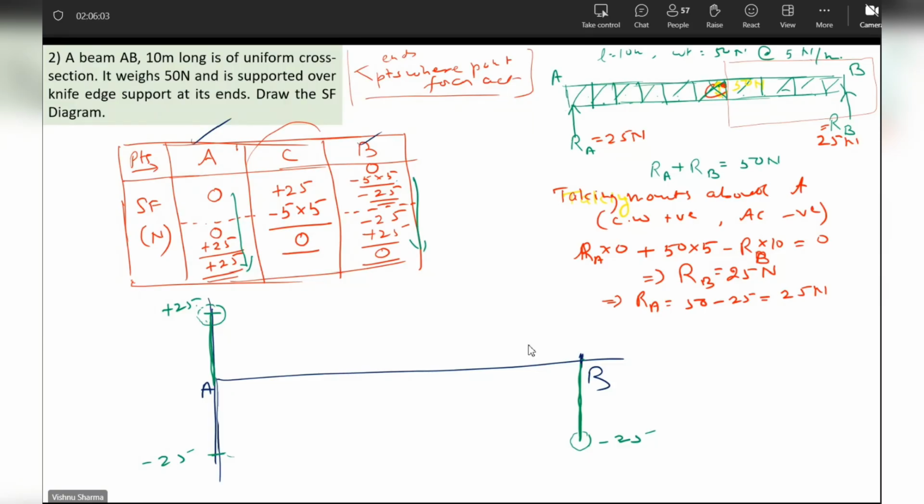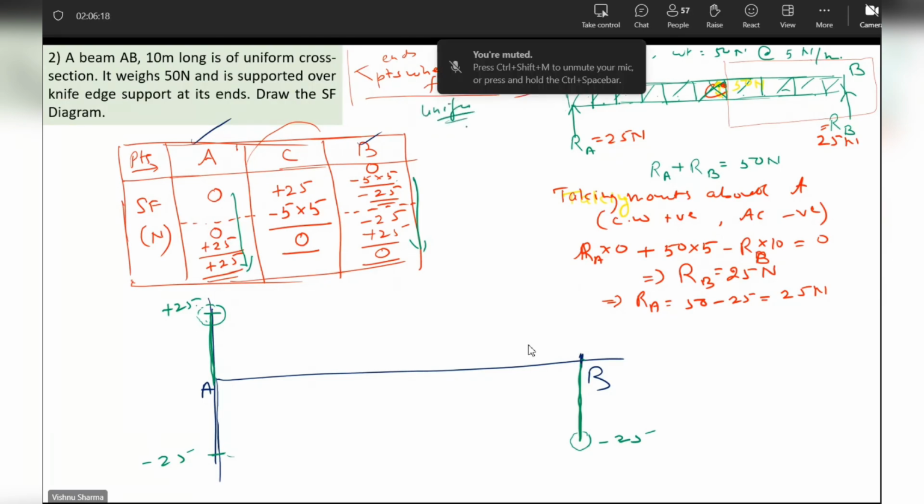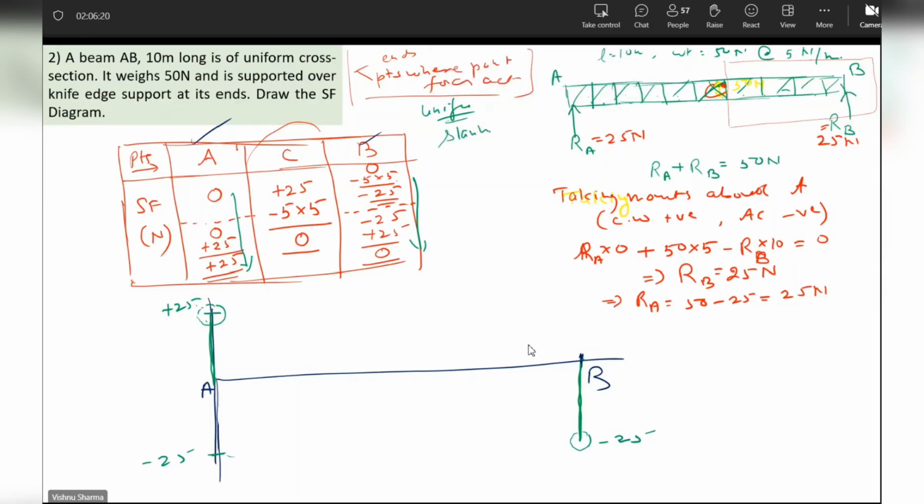When the change is uniform and you draw the graph of anything which is changing uniformly, its graph is always a slanting straight line. So whenever the rate of change is uniform, the graph is always, remember, a slanting straight line. Here it is uniform. It is changing at 5 newtons per meter because of the weight of the beam. Therefore, its graph will be a straight slanting line.